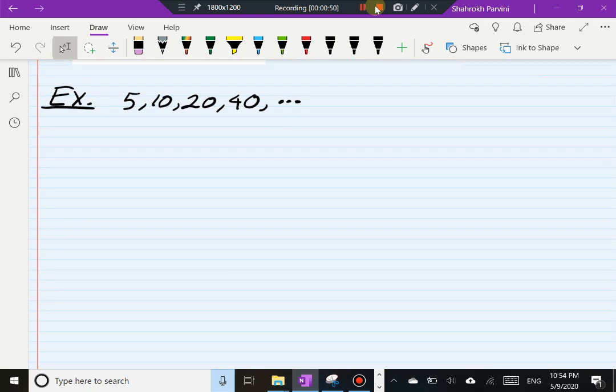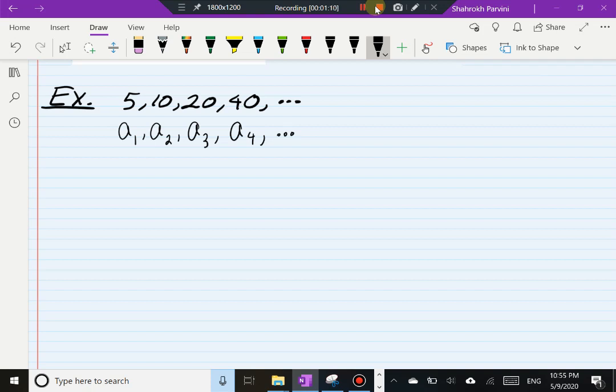Now here I have made up a sequence. The sequence, as you can see, starts with the number 5, then it goes to 10, 20, 40. So this would be my A1, A2, second term, third and fourth term, and so on. This is an infinite sequence because of the dot, dot, dot.